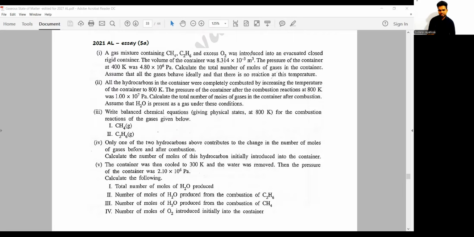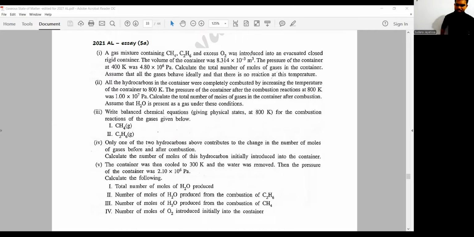Okay, so look at the next part. The pressure of the container at 400 Kelvin was 4.8 × 10^6 Pascal. Calculate the total number of moles of gases in the container. So what are the things they have given? Volume is given. Temperature is given.